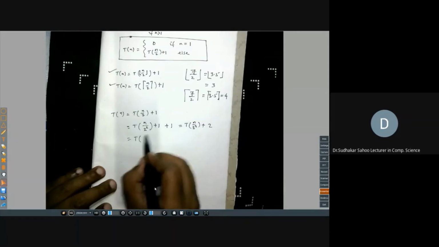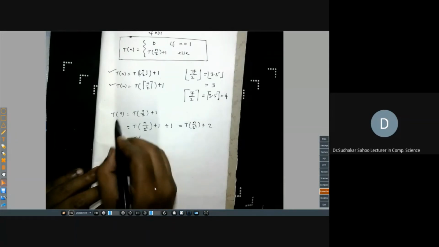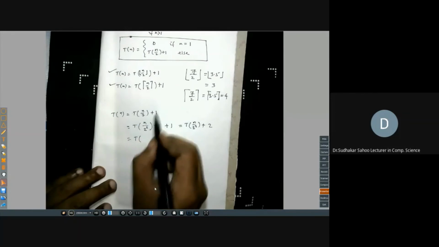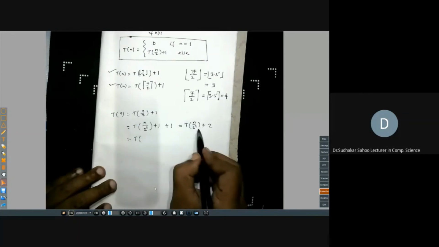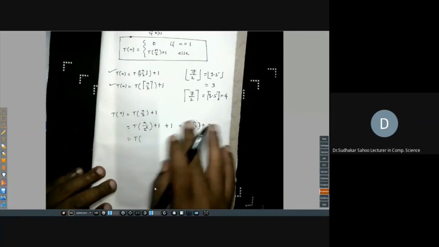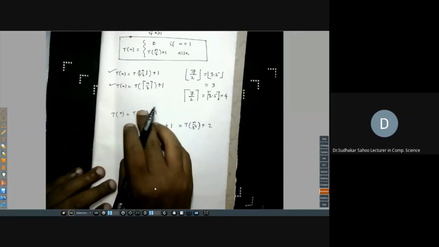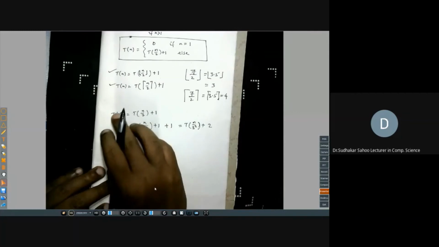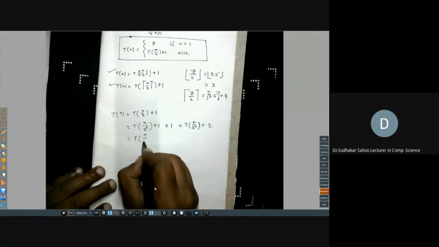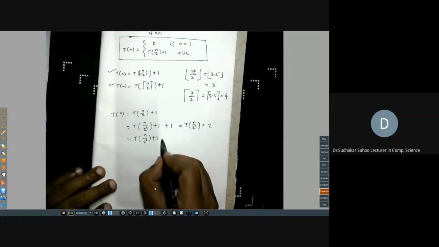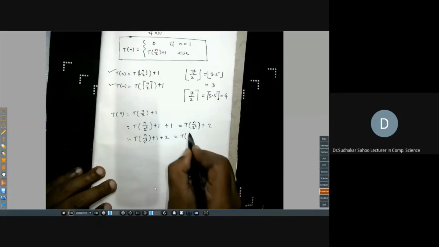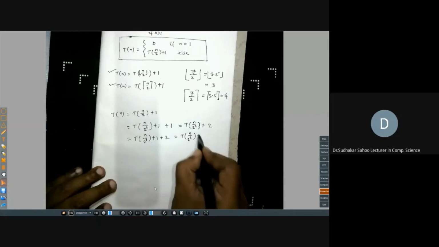Again, if T(n) is T(n/2) + 1, how to calculate T(n/2^2)? Again n by 2 square by 2, when you put n by 2 square in place of n. So T(n/2^3) + 1, again plus 2. So this will be T(n/2^3) + 3.